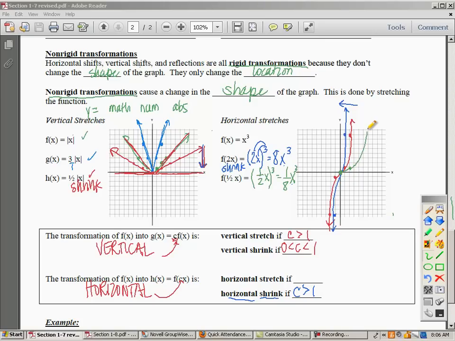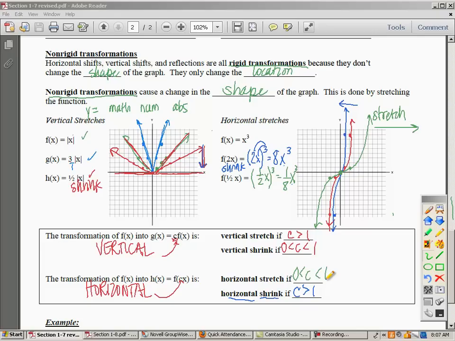And you'll kind of see that it'll stretch out farther. So it'll go like this. And this is a stretch because it's stretching away from that y-axis. So a stretch occurs if C is between 0 and 1 when you're talking horizontally. Okay.